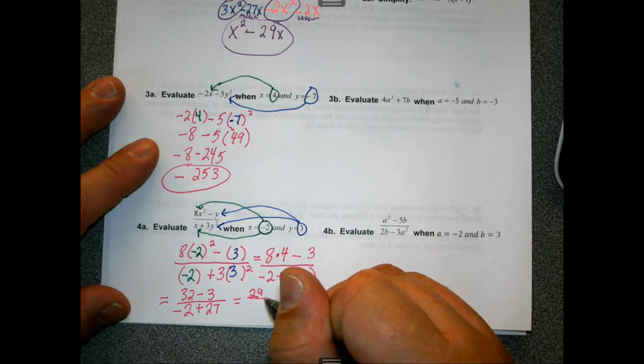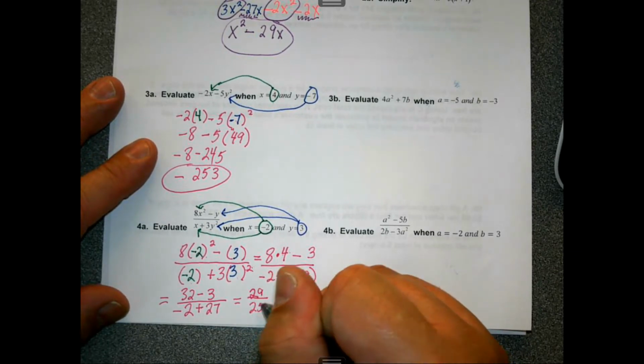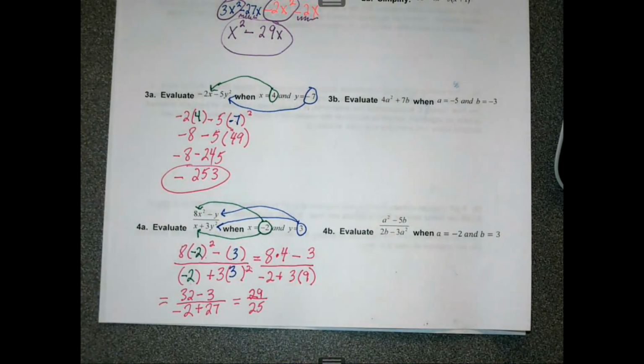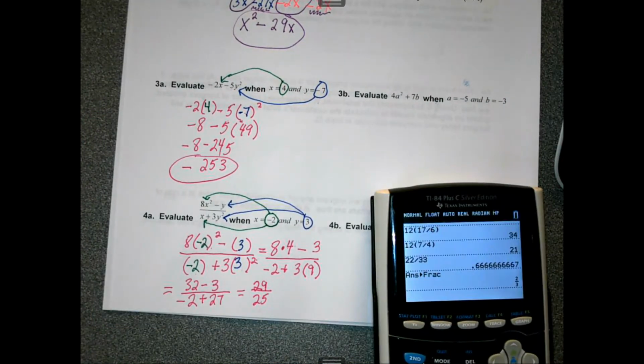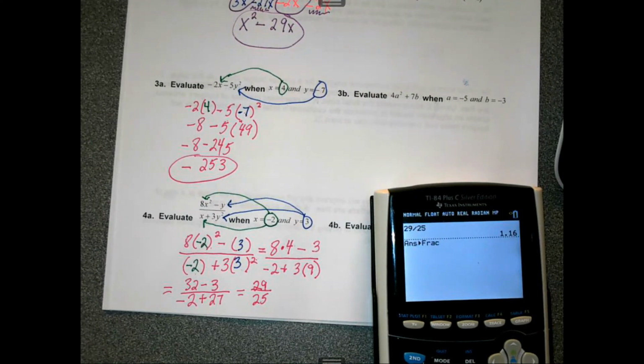Negative 2 plus 27 is 25. I don't know if that reduces, so I'm going to check it. 29 divided by 25. Enter. Math. Enter. Enter. And no, it does not reduce.